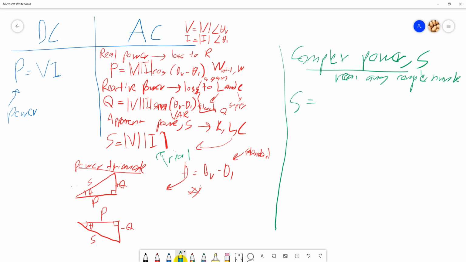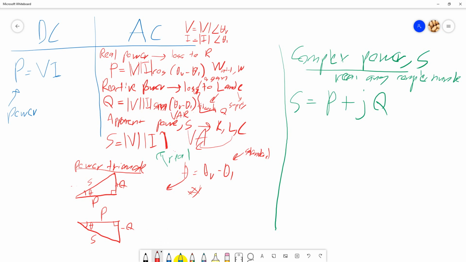S is basically P plus jQ, and I forgot to tell you this one: the unit is VA. So the unit for P is watt, Q is VAR, and S is VA.